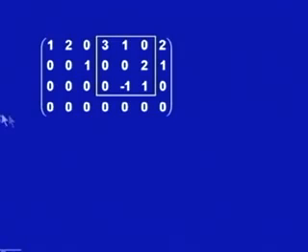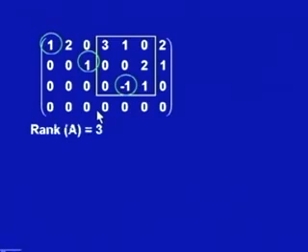Now, if this is the transformed augmented matrix, then one can notice that this row and this row have the leading ones in this column, the leading one here, and the leading one is here. Leading term is this in the matrix.